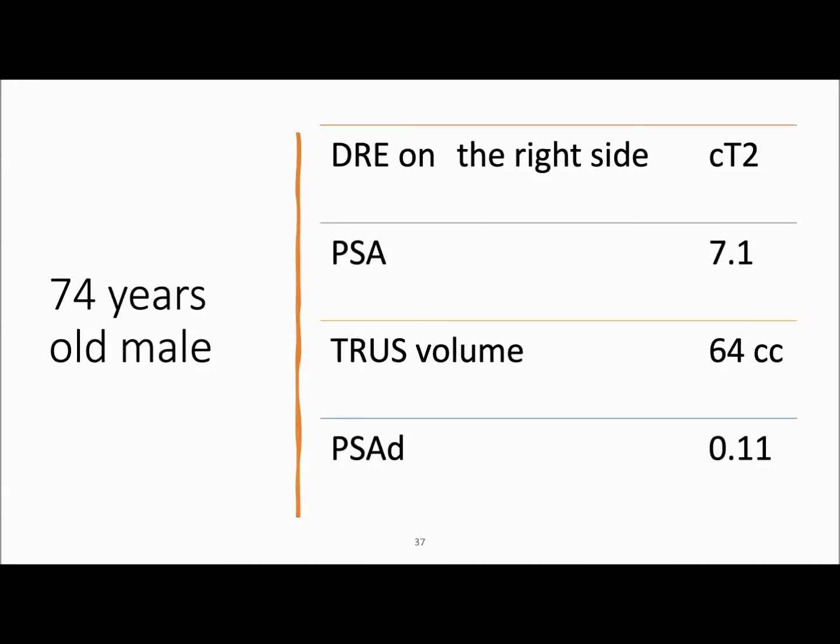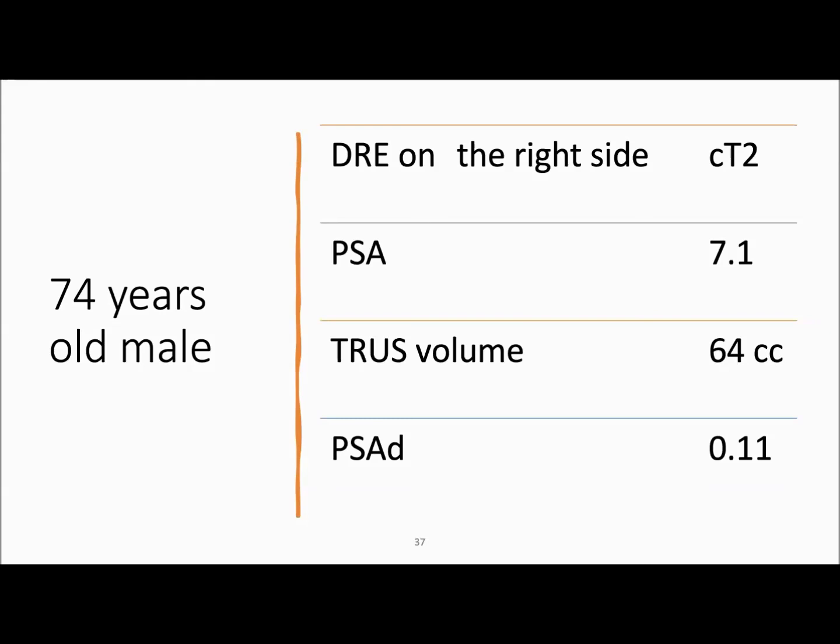This is a 74-year-old male who has had a rectal examination which was suspicious on the right side, and the clinical stage was T2. His PSA was 7, and his prostate volume was 64 cc, and his PSA density is high now.